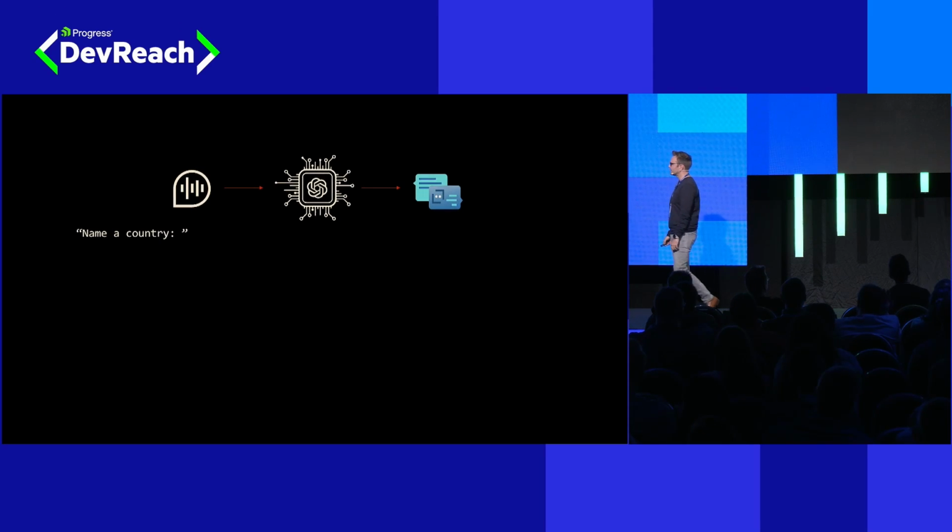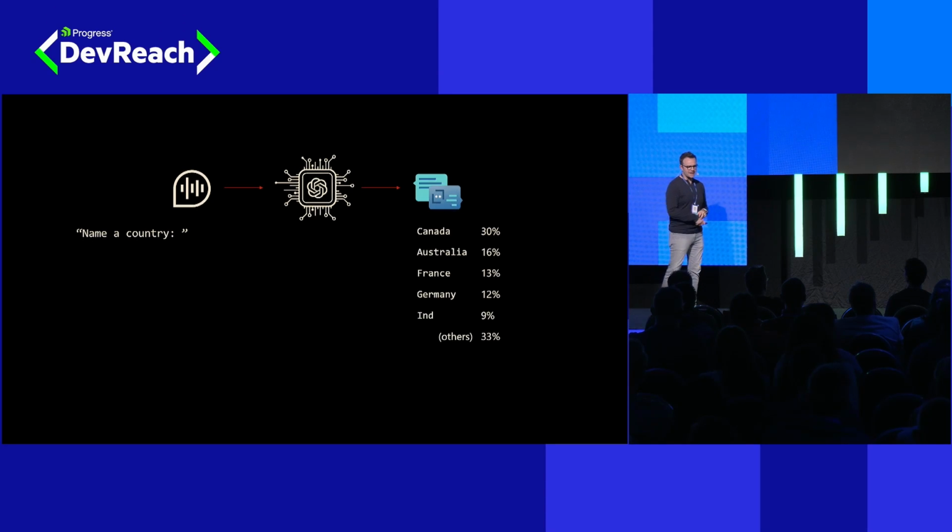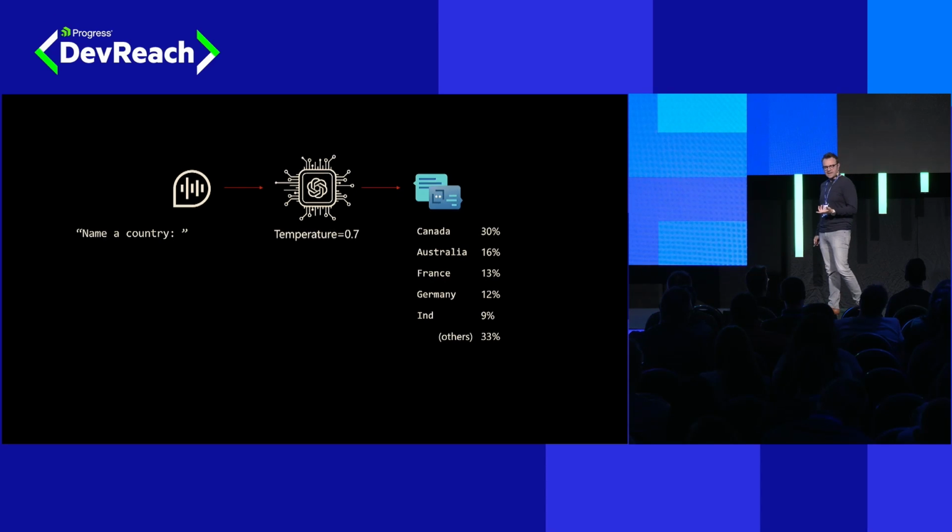So let's try this out here. Name a country. Maybe it returns a list behind the scenes of possible tokens to complete that have these weighted percentages of what that answer might be. And Canada will be the answer it gives me here because it has the highest percentage, and I have a temperature of 0.7 here to help influence that answer.